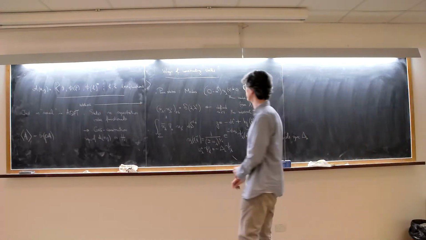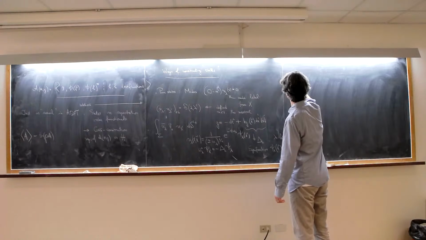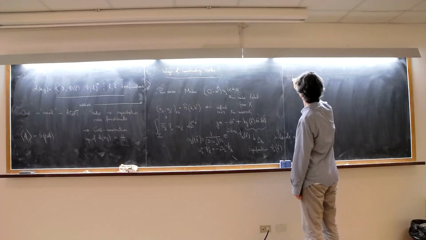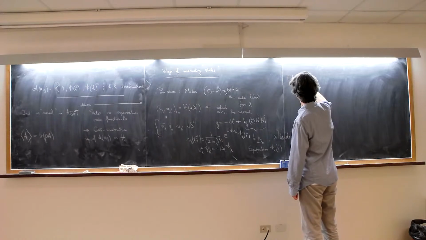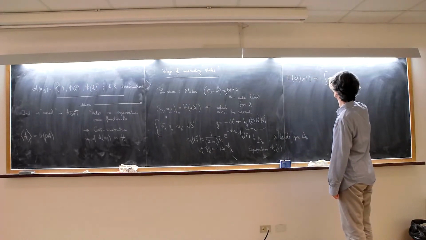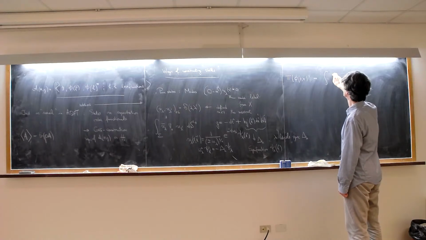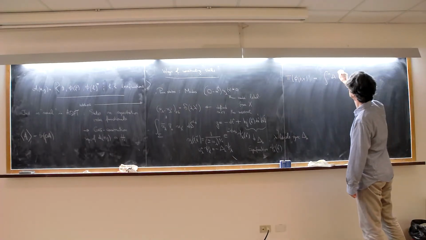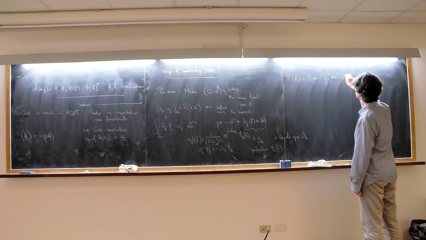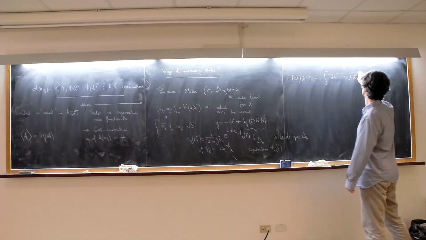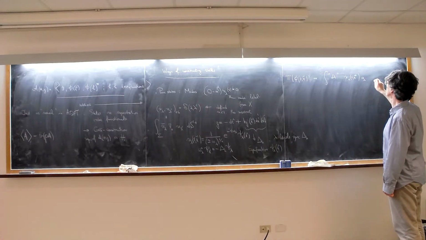So then you can get a kind of representation of this algebra from such a mode sum. This is just the ordinary sum over lambda, times the mode function, and some a lambda.